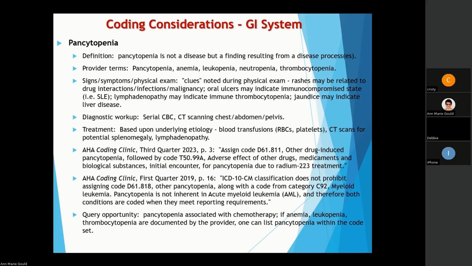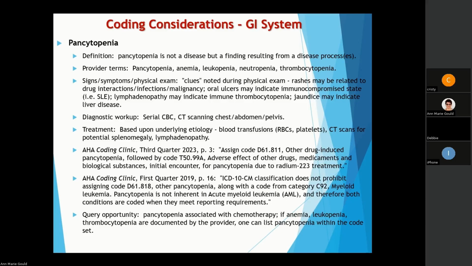So the providers may document pancytopenia, anemia, leukopenia, neutropenia, and even thrombocytopenia. Signs and symptoms in the physical exam: the clues you may see noted are rashes related to drug interactions, infections, or malignancy.